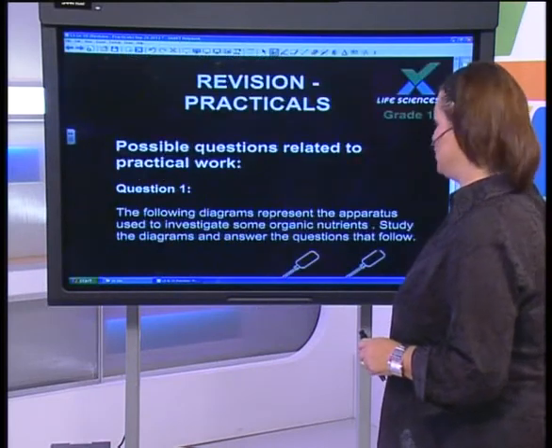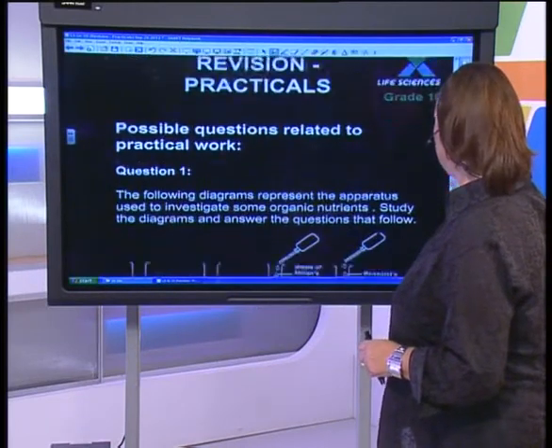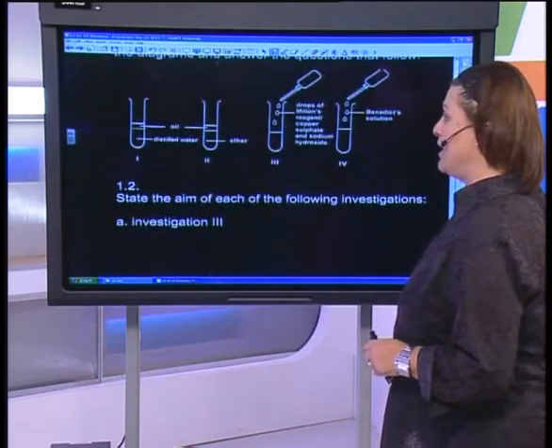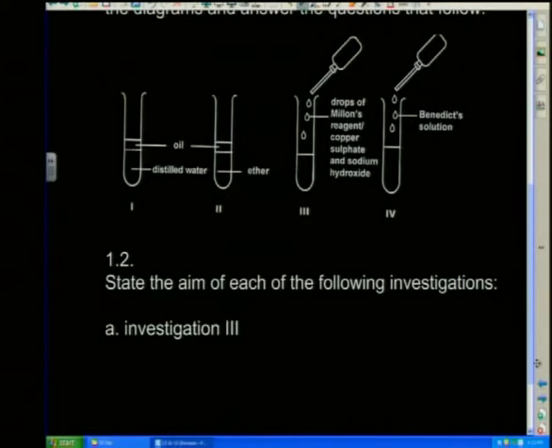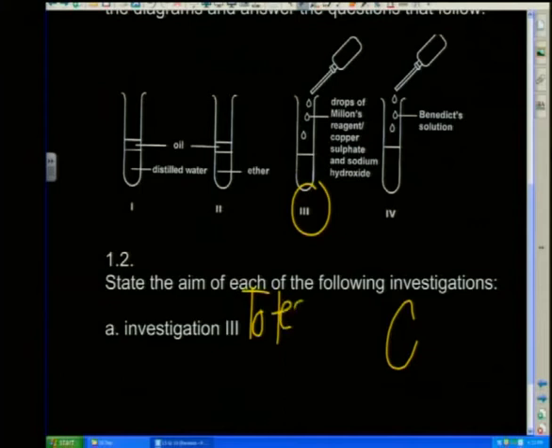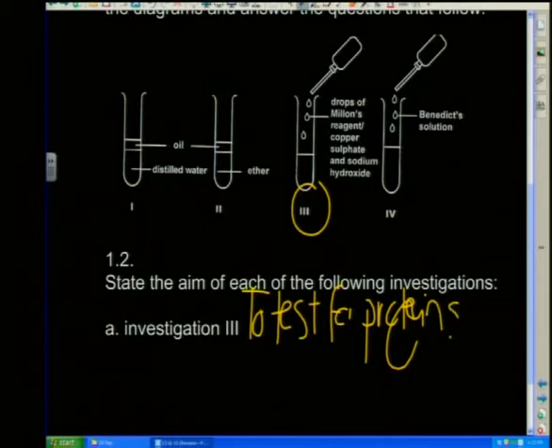Okay, the next question, still on that. Nice and easy. State the aim of each of the following investigations. Number 3, what was the aim? To test for proteins. Nice and easy.